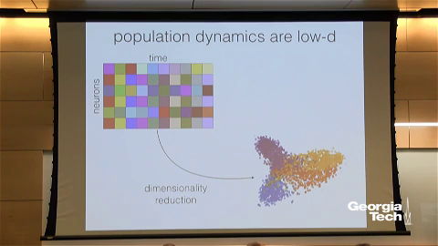I'll talk about ways that we're going to do this dimensionality reduction, ways to interpret what these neural activities look like in this lower dimensional space, and thinking about ways to move forward with this idea of modeling joint activity over time.